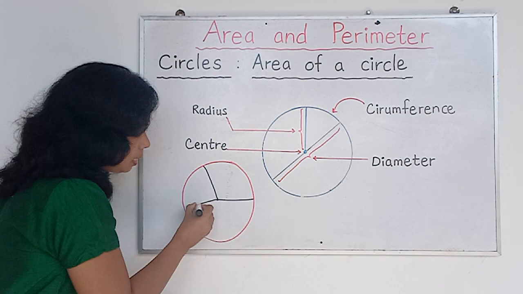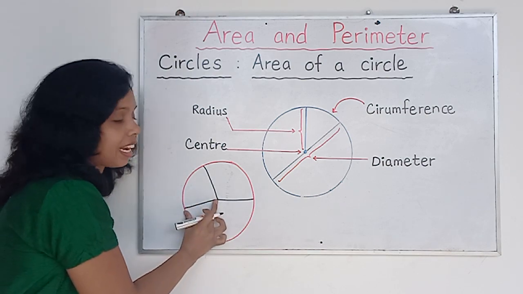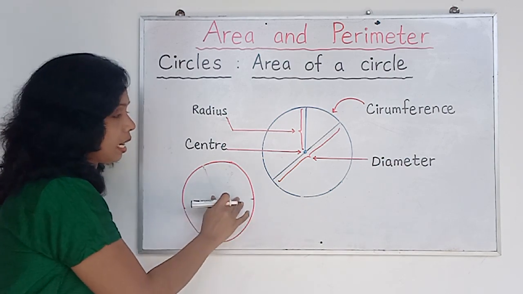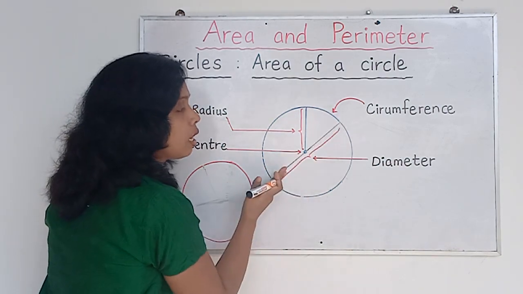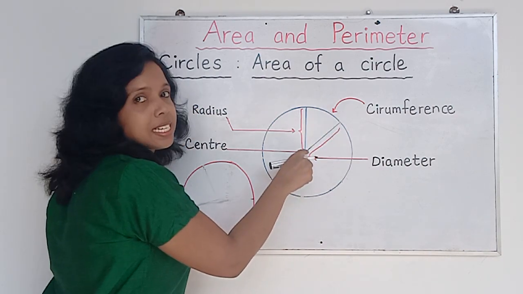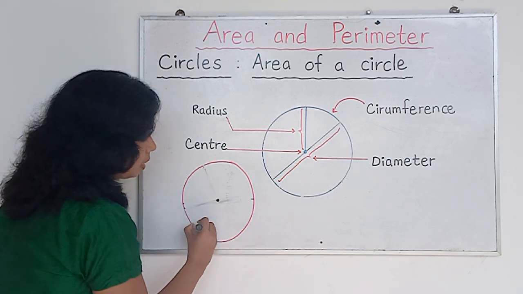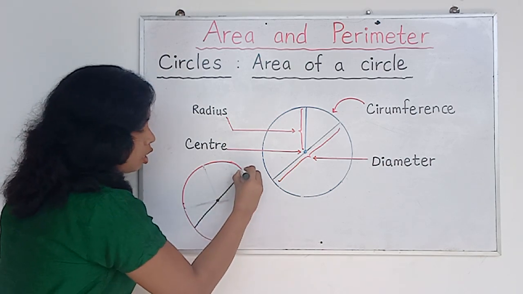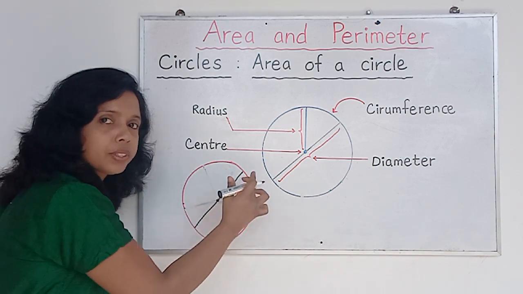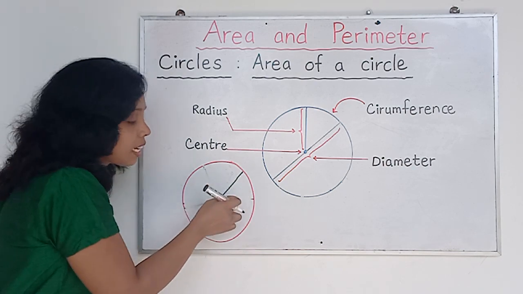And this distance? It is the radius. And any straight line across the full width of the circle through the center, we call the diameter.